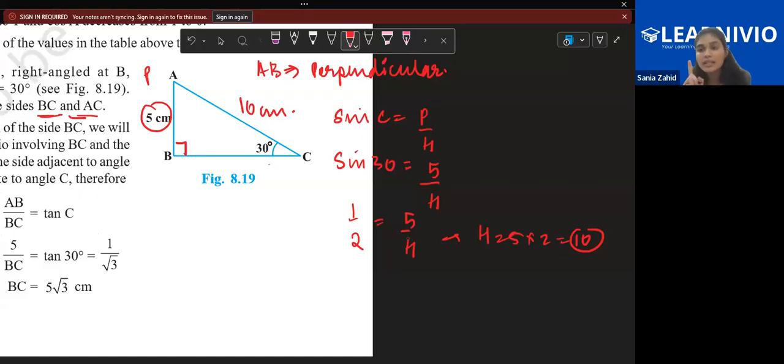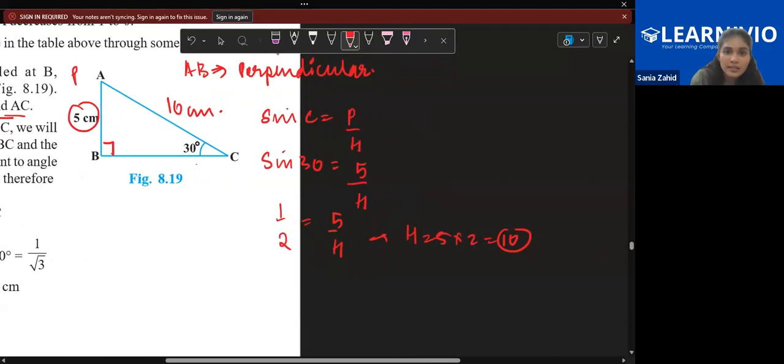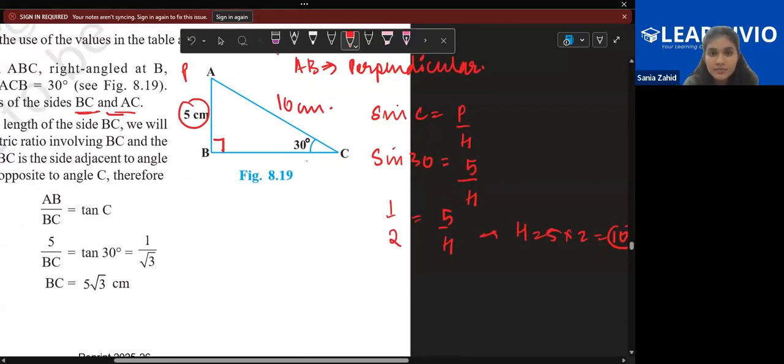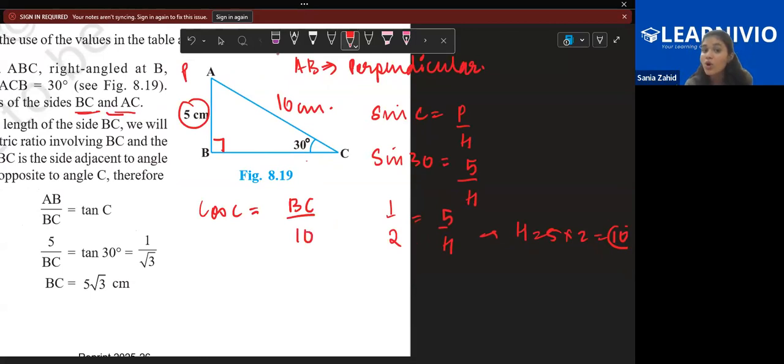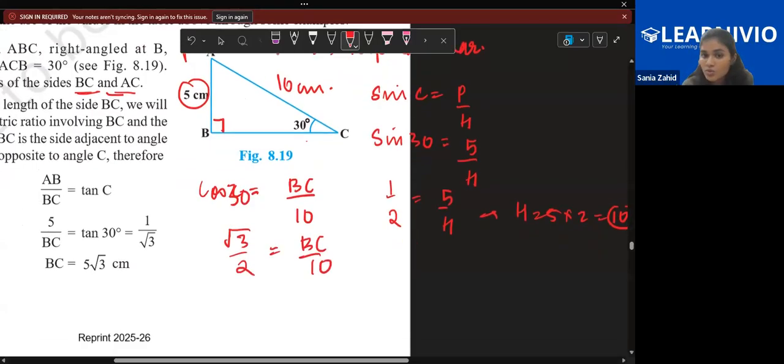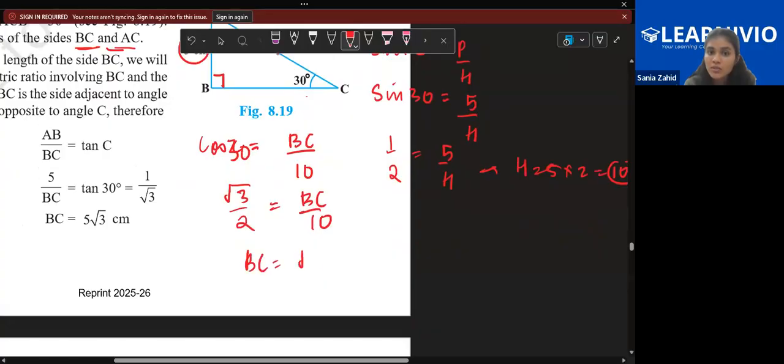Now BC you can either do by Pythagoras theorem, or an easier thing is, I have this hypotenuse with me, so can I apply cos C, which is base upon hypotenuse? Cos 30 is root 3 by 2, which is BC by 10. So BC is root 3 by 2 into 10, that is 5 root 3 centimeters.